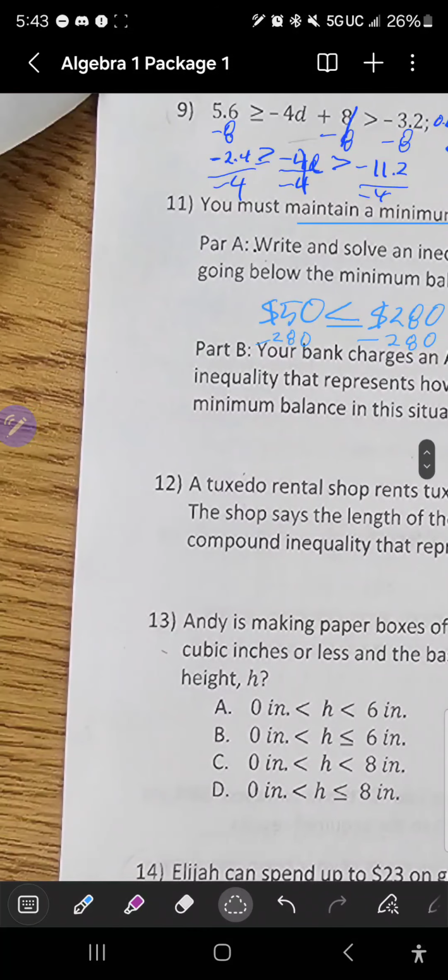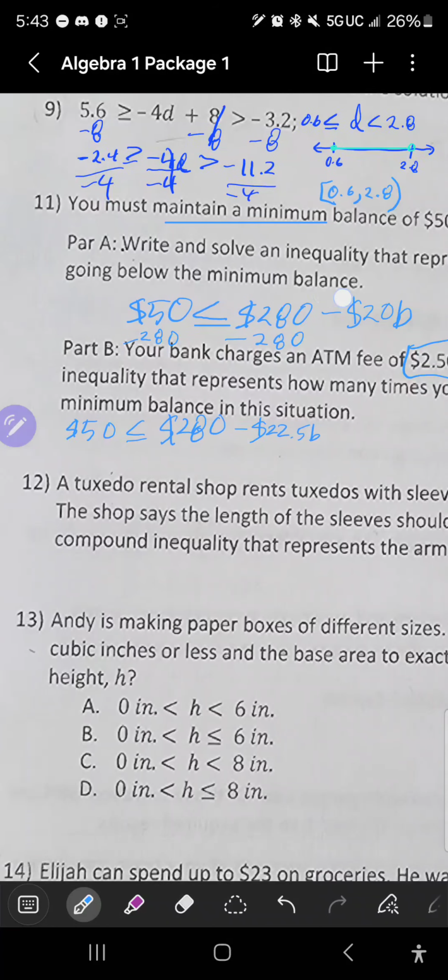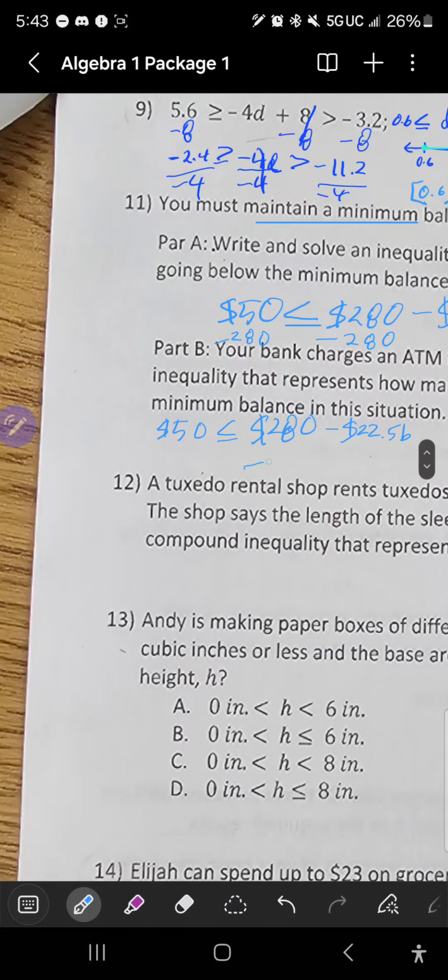So, I'm sorry. We have $50 less than or equal to $280 minus 22.5b. Again, subtract 280 from both sides.